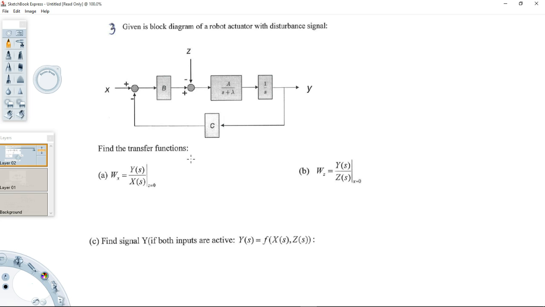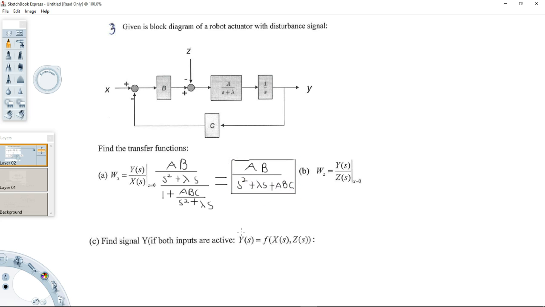So this is what it would look like, and this is what the answer would be. It's simple and straightforward. All you would do is the block diagram math without the input of z.